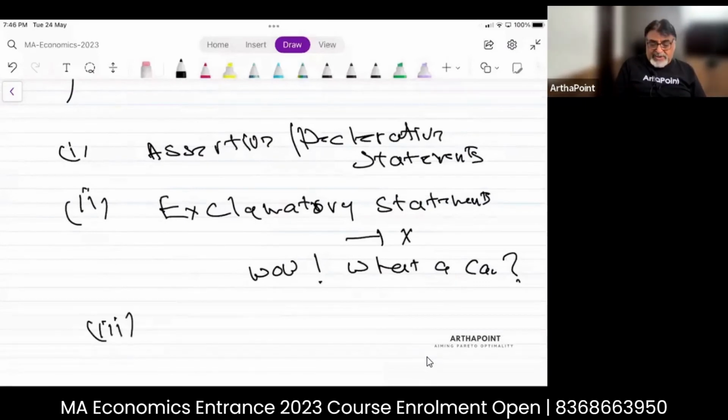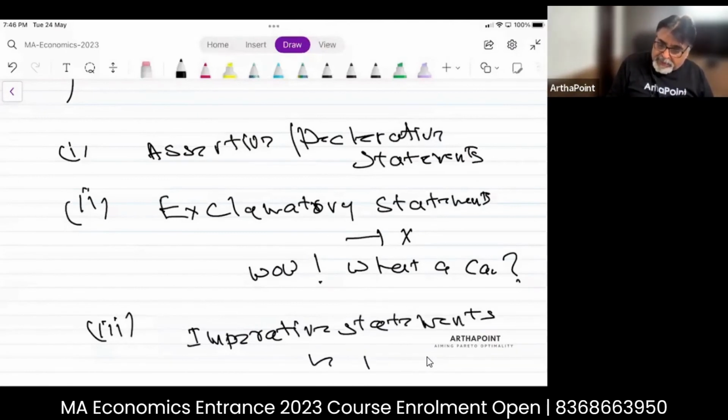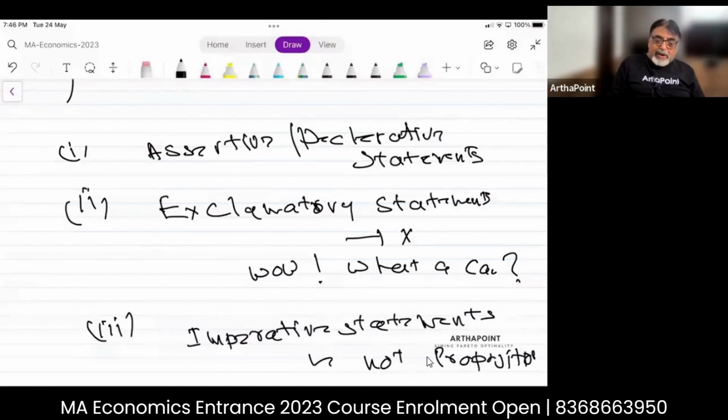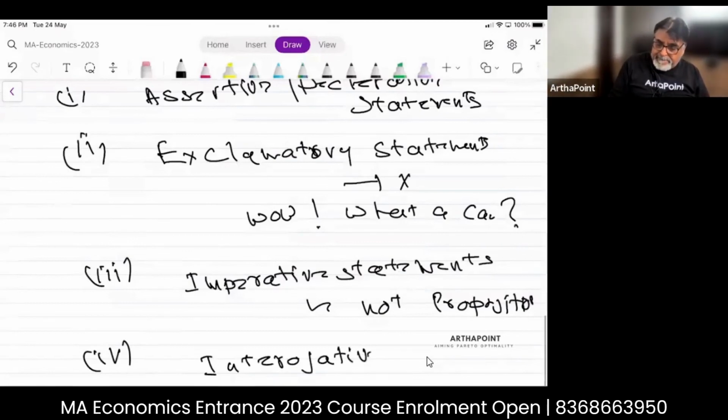What about imperative statements? Again, not proposition, right? Interrogative statements. Not proposition.